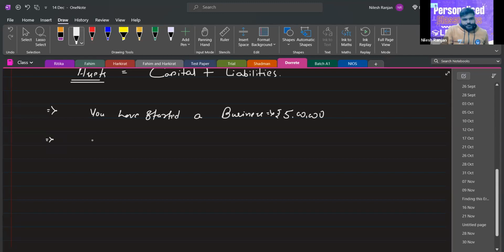And after 3 or 4 months, you have invested again 1 lakh.